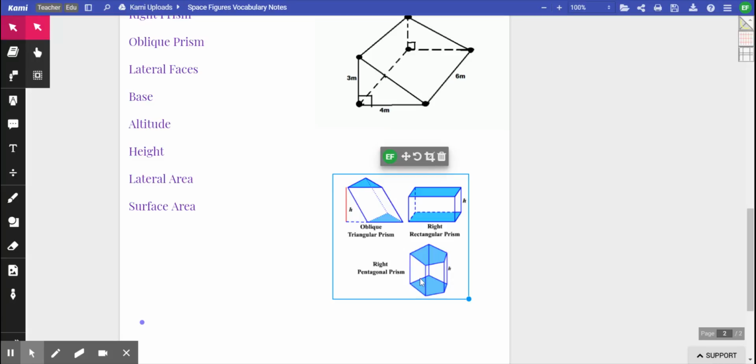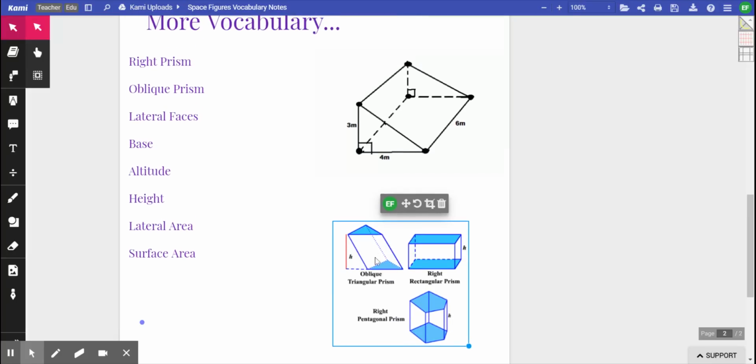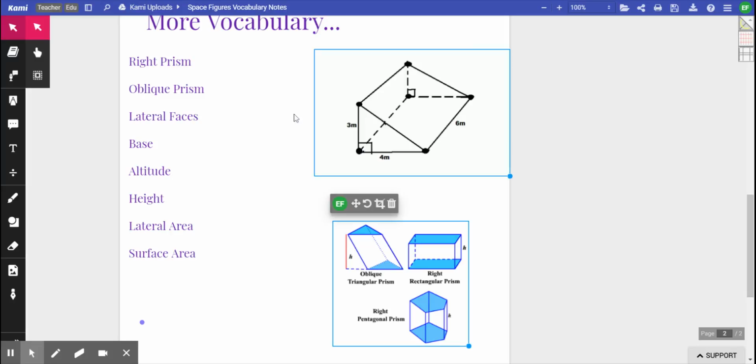So we know that the sides of the shape are going to be perpendicular to the base, versus an oblique prism, which is really just tilted. That's our Leaning Tower of Pisa. It's just tilted over on its side. So we don't have that right angle going from the side to the base any longer.